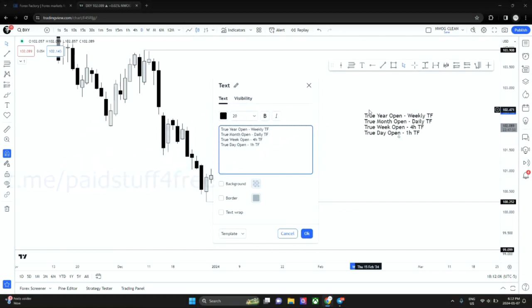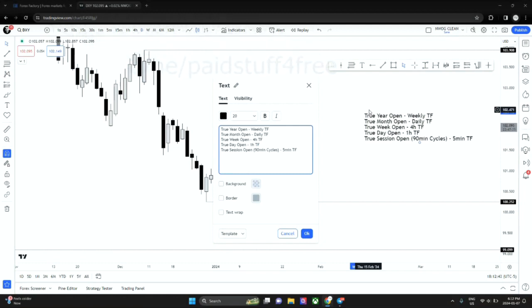And we'll go a little bit deeper for the true session open of the 90-minute cycles, right? The famous 90-minute cycles. You will need the 5-minute time frame.